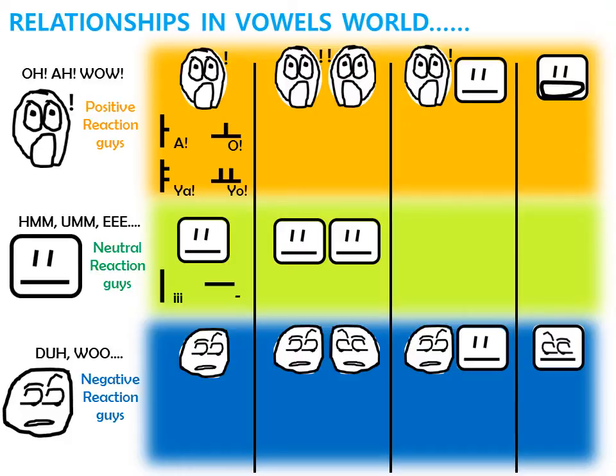Then there are negative reaction guys who look completely opposite of positive reaction guys. Take a moment to look at them and compare. They are the complete opposite of positive guys. So the opposite of a is eo, and ya and yeo.